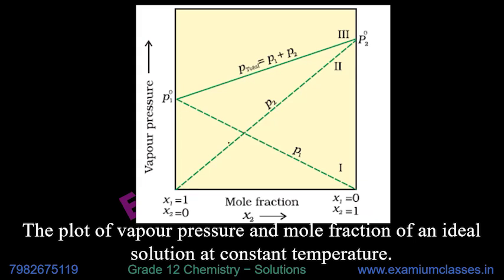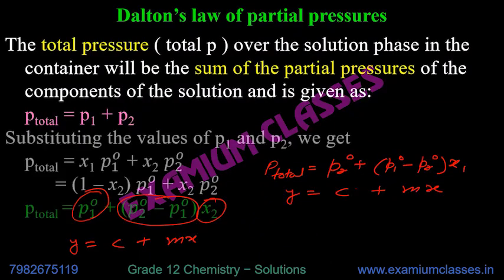And that is something I have already told you, that at any point it is the sum of the partial pressures. So if I consider this equation, and this equation, and now consider this equation.